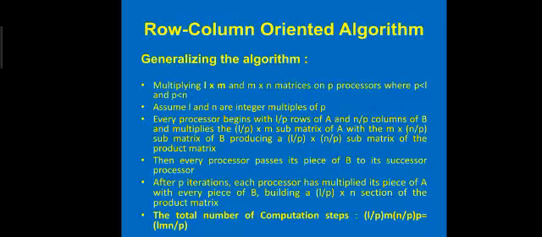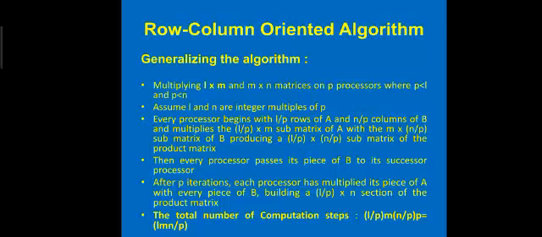Generalizing this row-column oriented algorithm, first multiplying L×M and M×N matrices on P processors where P is less than L and P is less than N. Assuming L and N are integer multiples of P, every processor begins with L/P rows of A and N/P columns of B and multiplies the L/P × M submatrix of A with the M × N/P submatrix of B, producing an L/P × N/P submatrix of the product matrix.